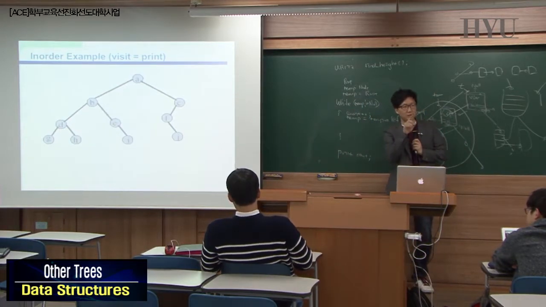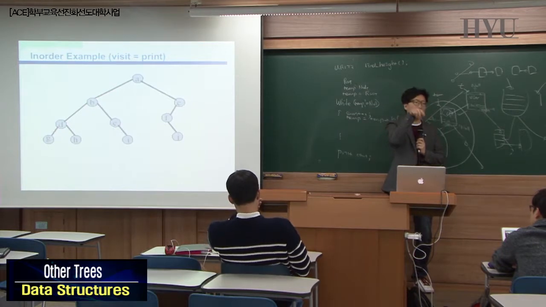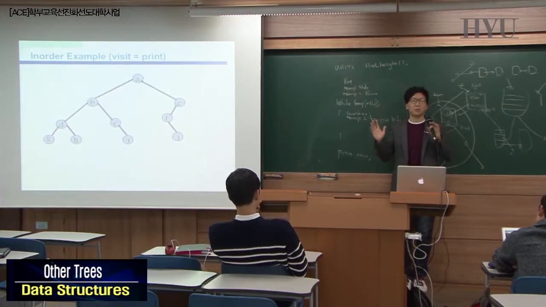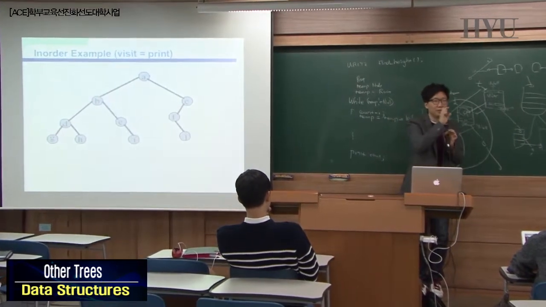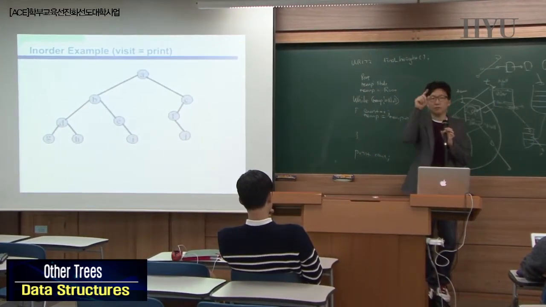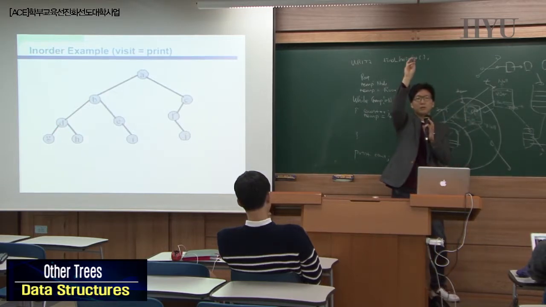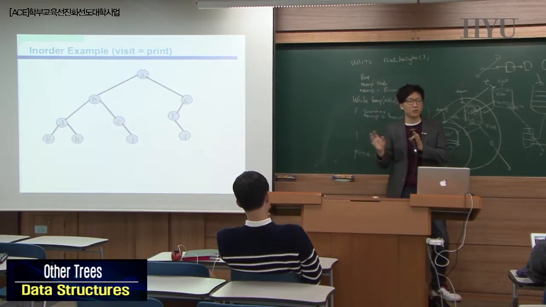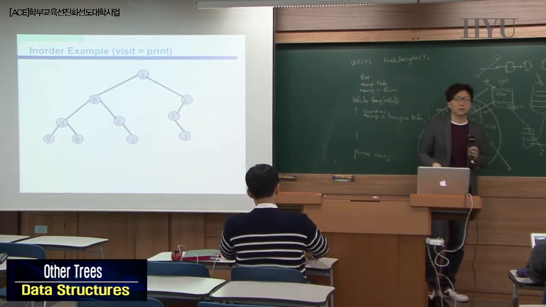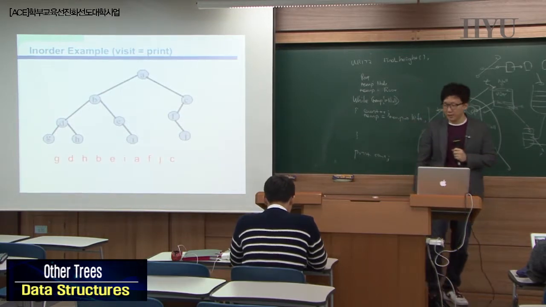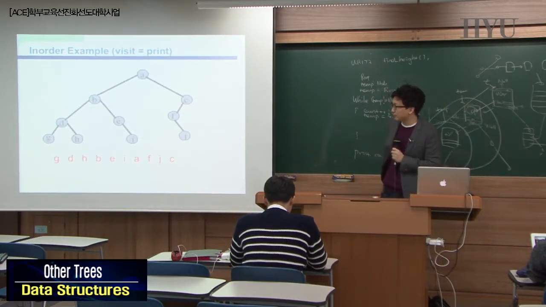So you can now see the pattern of a smaller part, and then the big picture. If you look at it as a big picture, no one breaks the rule of left, root, right. Overall, in the big tree you see the left side first, then the top, then the right side, and that rule doesn't break as you go further down, right? If that rule is broken, it's no longer recursive; something is wrong.